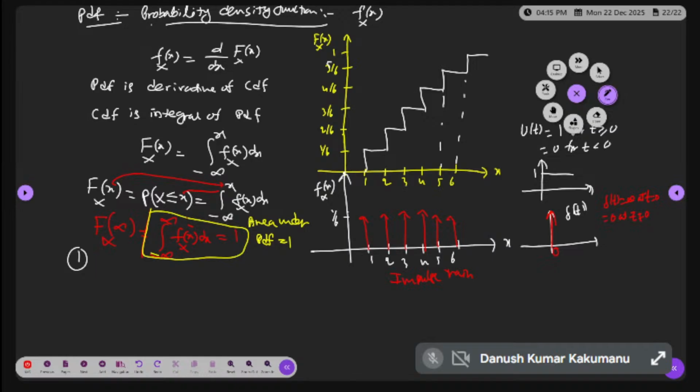Since the CDF is a monotonically increasing function, what is the derivative of any increasing function, positive or negative? Positive only.